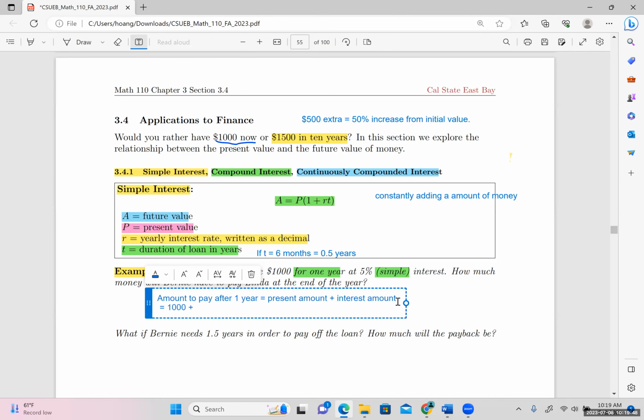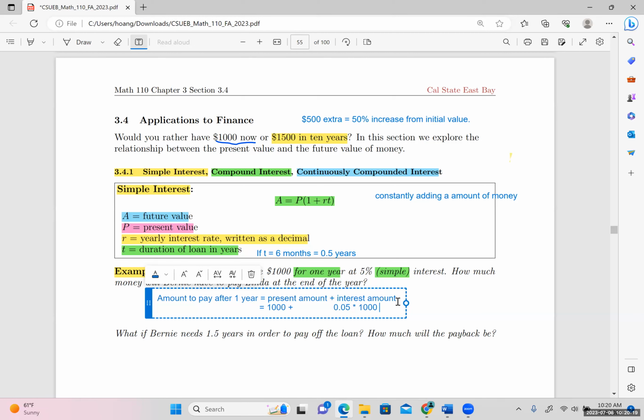The present amount is the amount that she just borrowed, and she has to add the interest amount. What is the interest amount? You have to multiply 5%, which is 0.05, with the amount she borrowed, right?